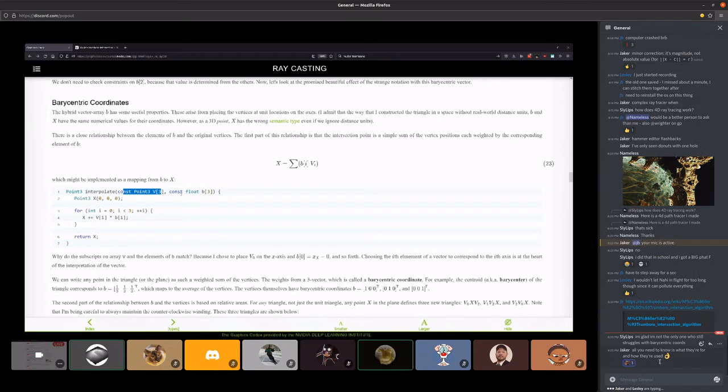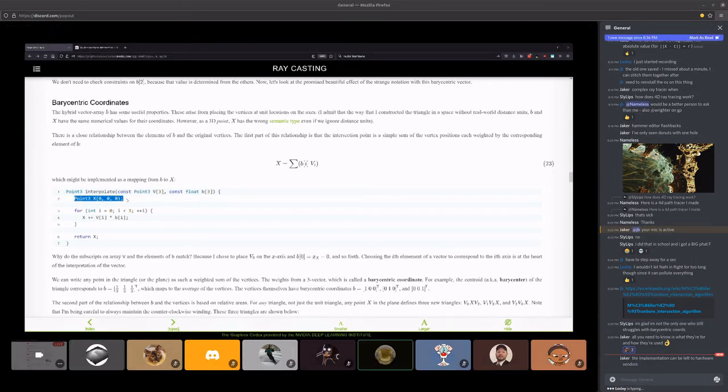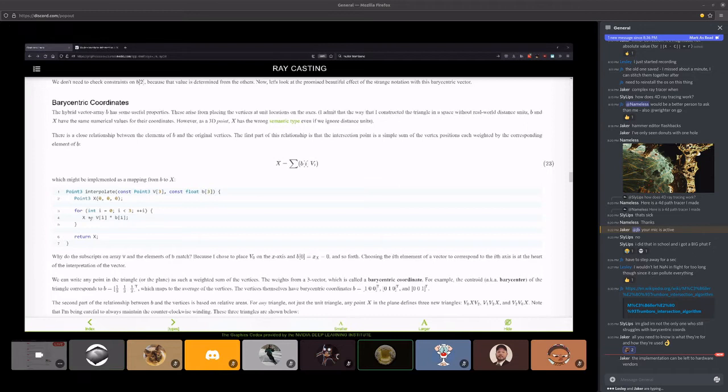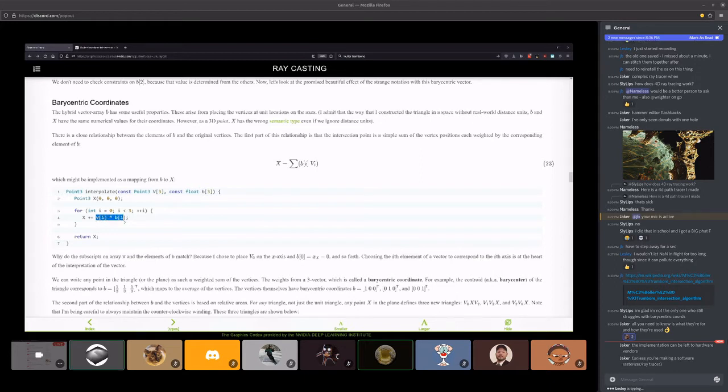Interpolate vector V and barycentric B. We have our origin X plus or equal. We do the dot product.